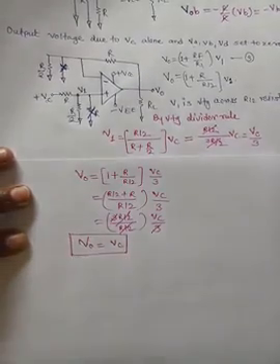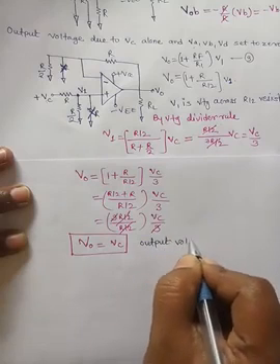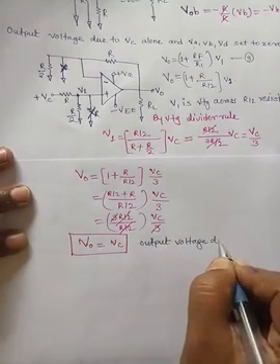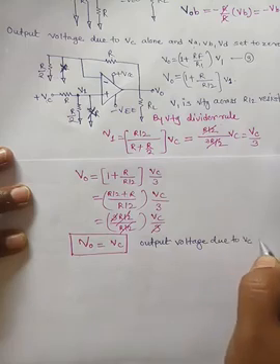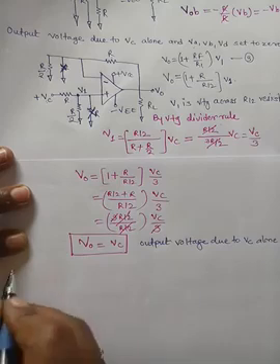So this is the output voltage due to VC alone, that is equal to VC.